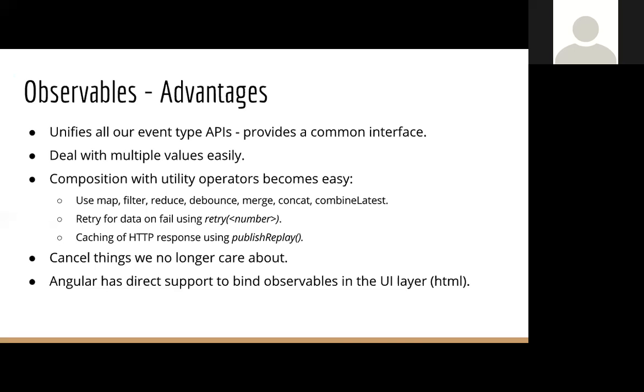If it fails again, it retries. And if it succeeds, it's all okay. So this can be used to retry your HTTP requests in case they fail. An HTTP response can be cached using publish replay. Then there are things like you can cancel things that you don't need.